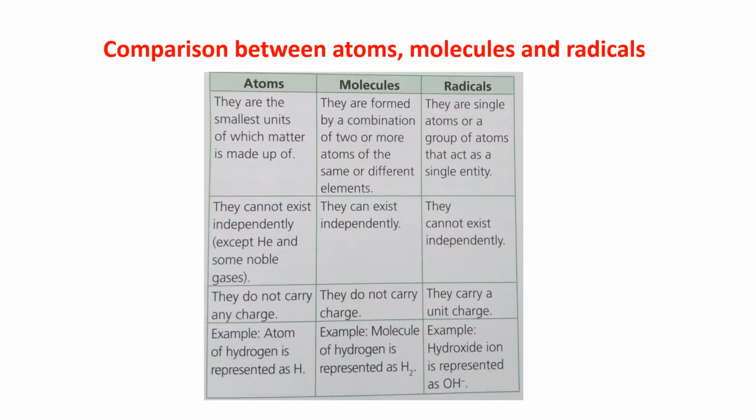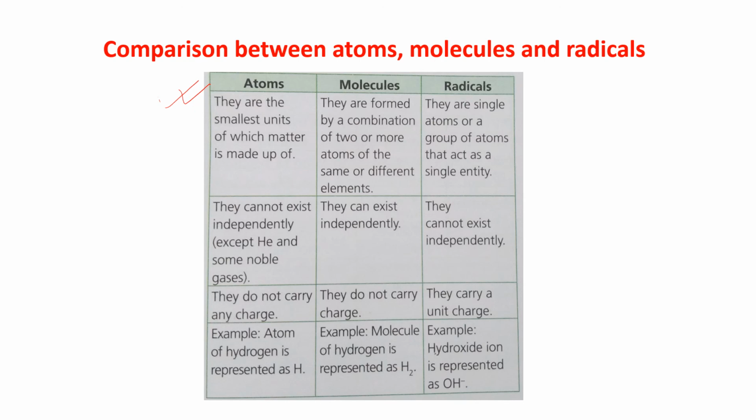Comparison between atoms, molecules and radicals. See here, atoms are the smallest unit of which matter is made up. Molecules are formed by the combination of 2 or more atoms of the same or different elements.